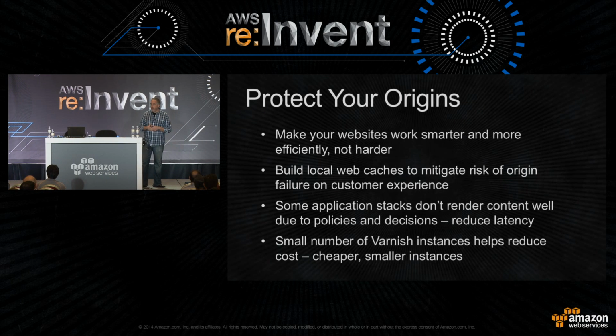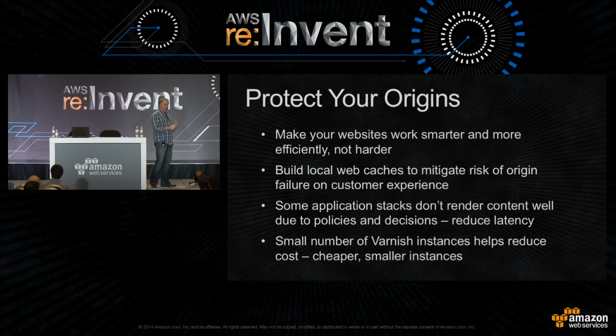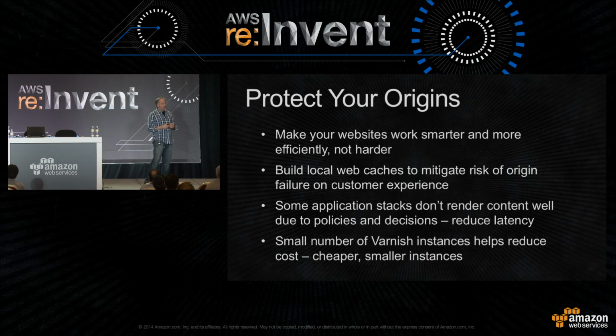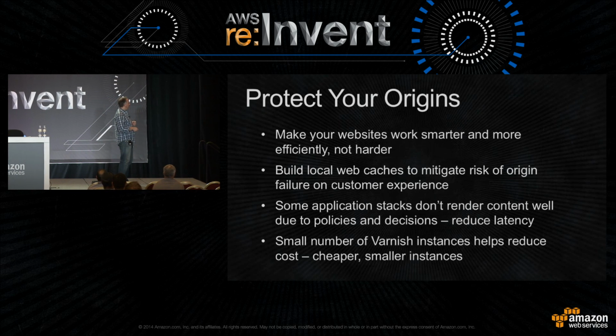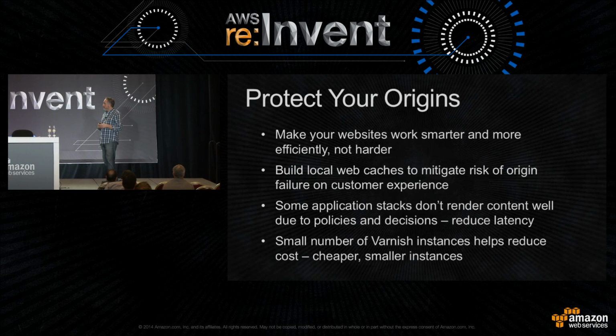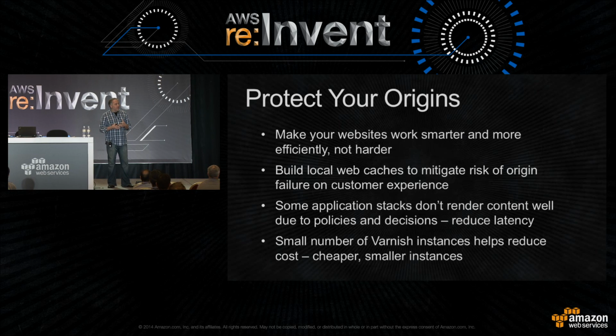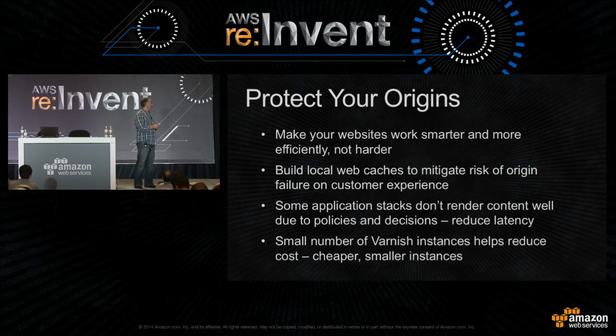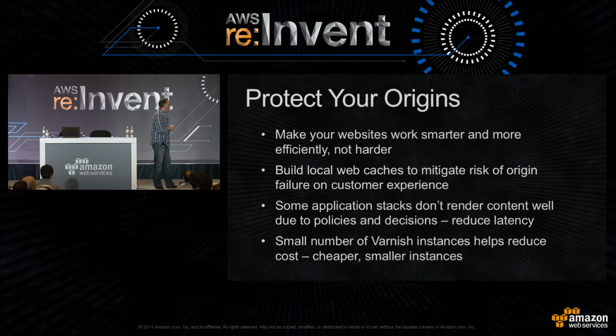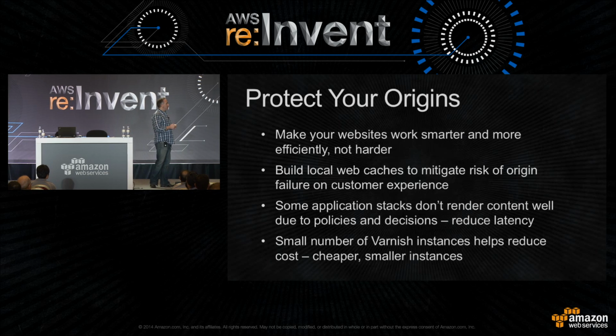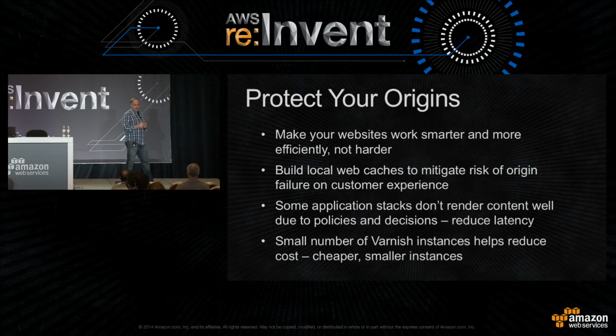As I like to say, your servers are not in a gym. They don't need to be working out all the time. And this is important because, as I show you in the last bullet, a small number of web cache instances, such as Varnish, will actually help you reduce in the long run the overall cost of your web application. For example, assume that we're running at a C3-8XL.